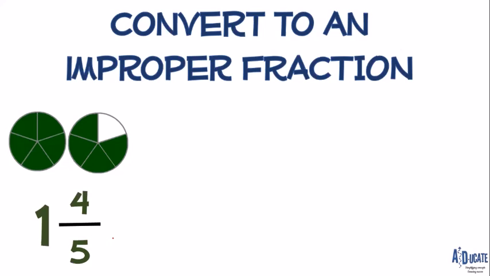Well, what we can do is we can break it up into two parts. The 1 represents 1 whole. And if it's 1 whole, our 5 here as usual tells us how much it was divided into. So our 1 whole is what as a fraction? And we talked about this just a while ago. 1 whole equals 5 over 5.